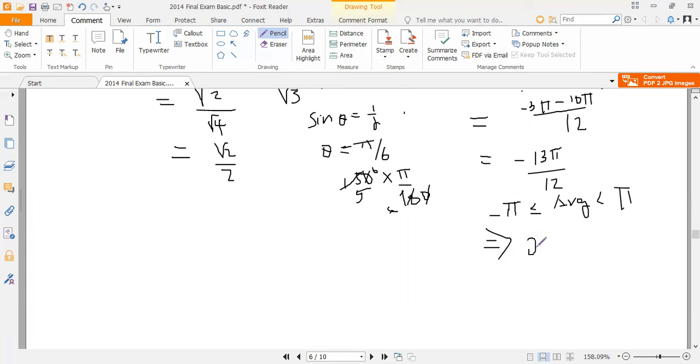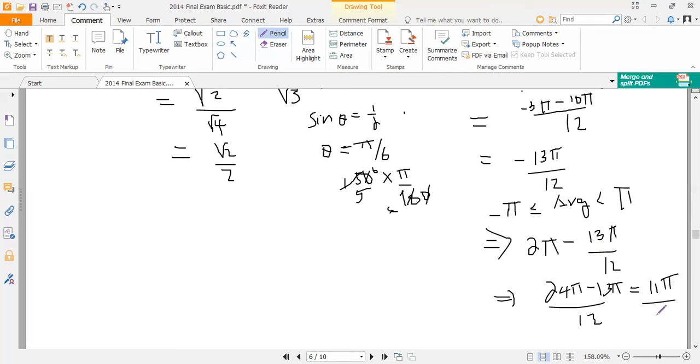So 2 pi minus 13 pi over 12, taking 12 as common, is 24 pi minus 13 pi over 12, which is 11 pi over 12.